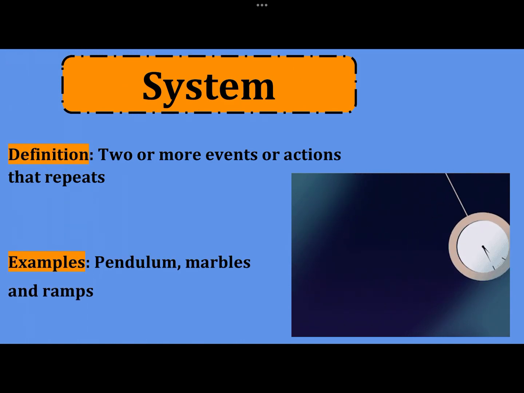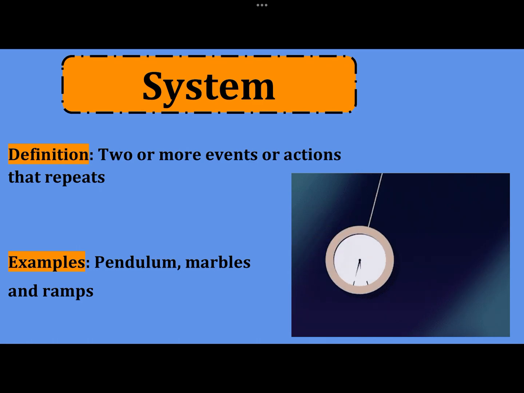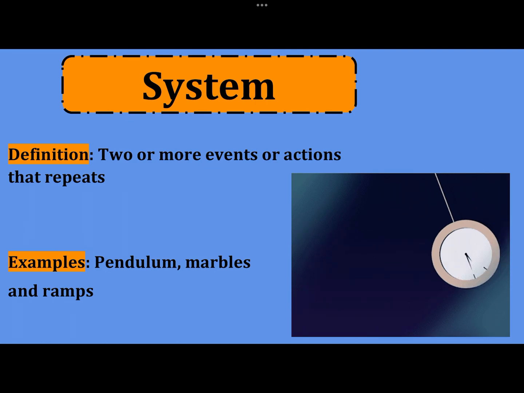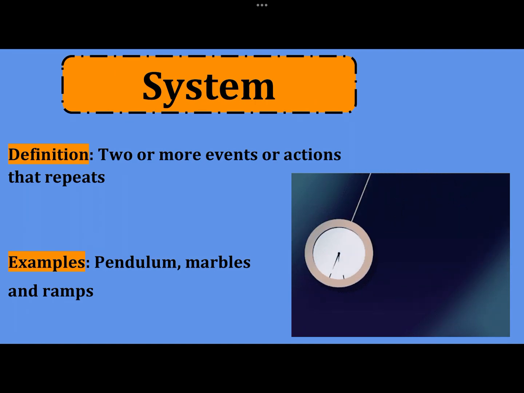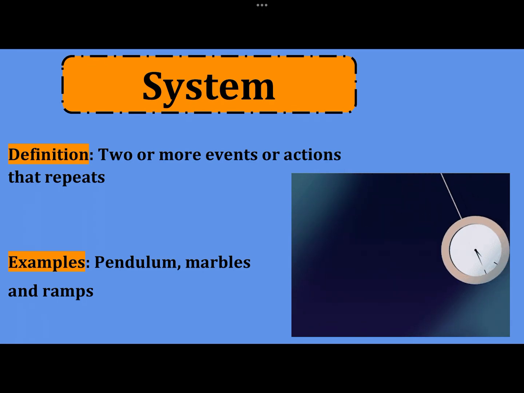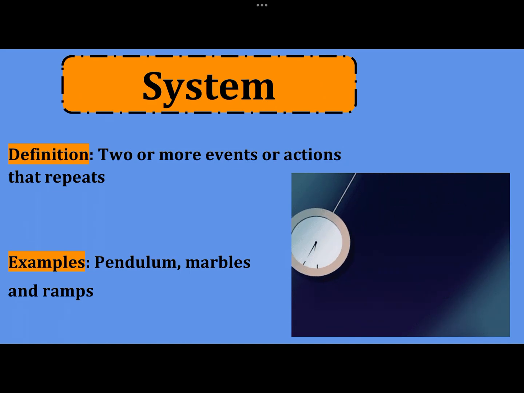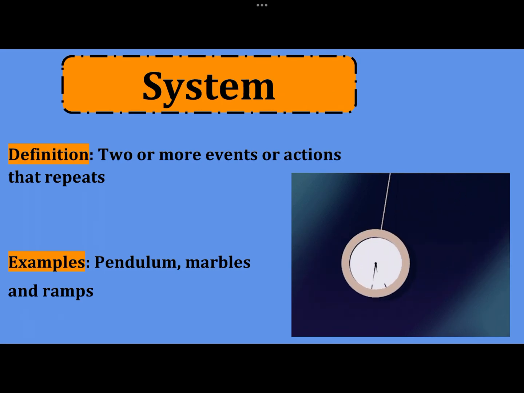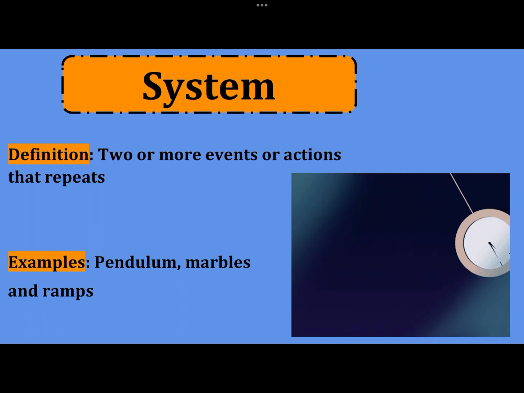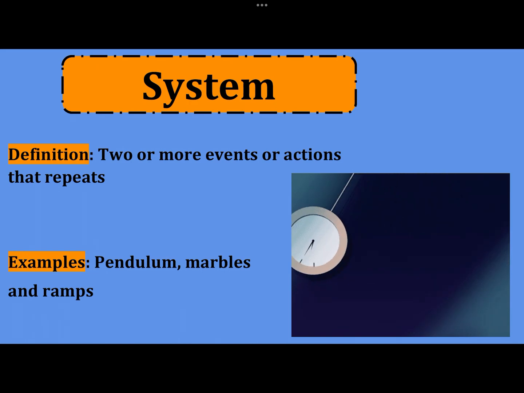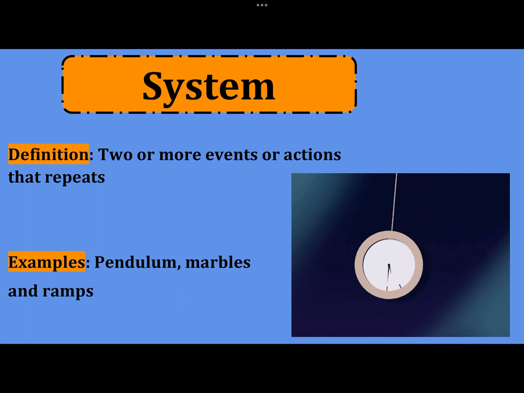Some examples of a system would be the pendulum, so you have the pendulum arm and the mass at the bottom. We used the penny when we did the experiment. That's called a system. So it's predictable. It's two or more events or actions that are going to repeat. So it's going to swing back and forth, have so many cycles, etc., depending on the length.